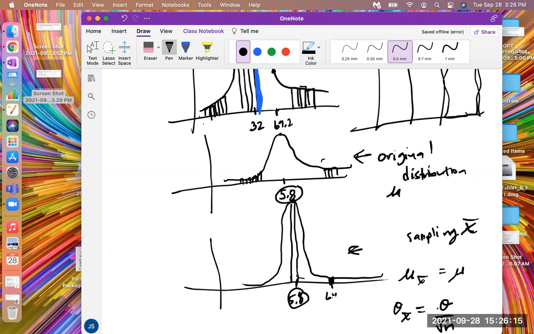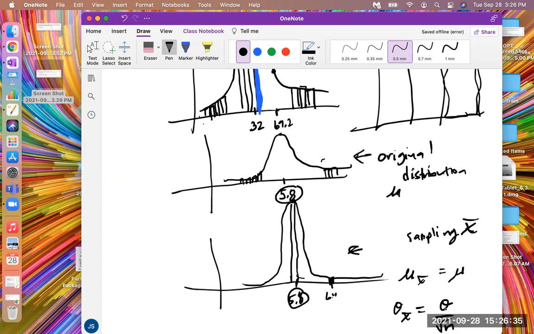So the n really affects it. If there's only one person in the sample, notice that it's the same standard deviation as you have, and that's what it should be, right? But if you have 4 people in your sample, then it's just divided by 2.